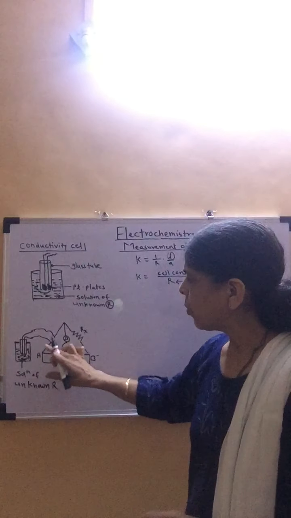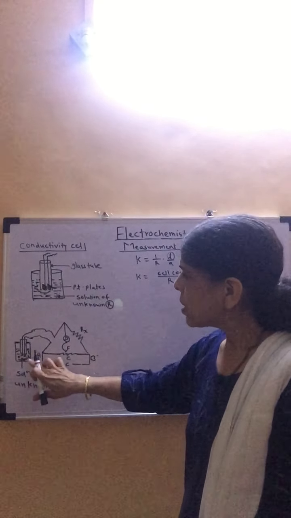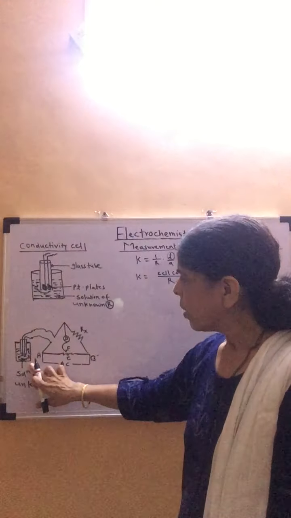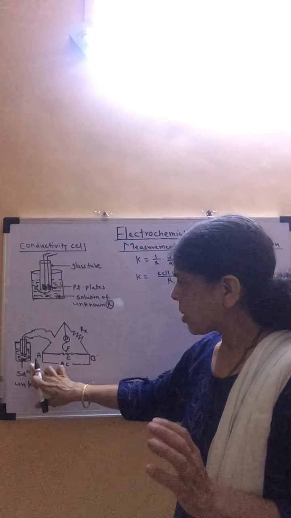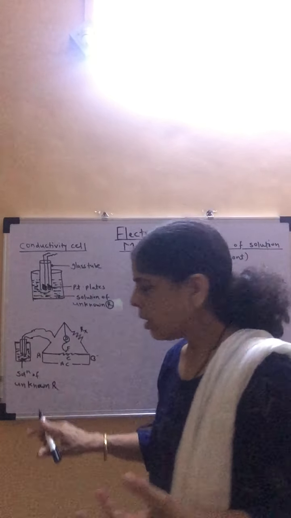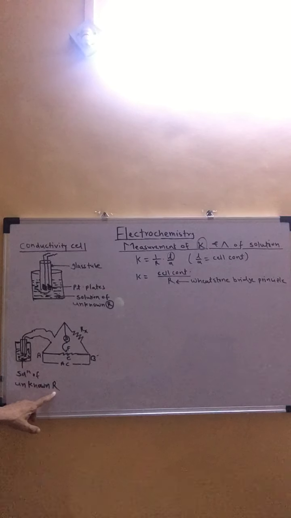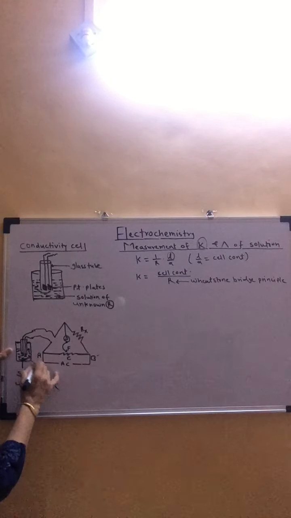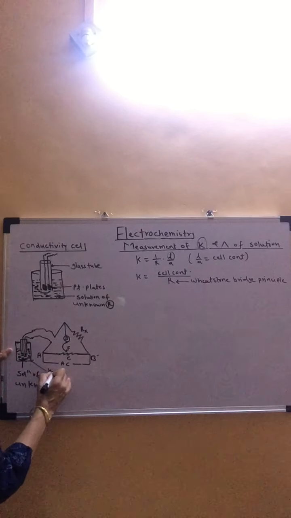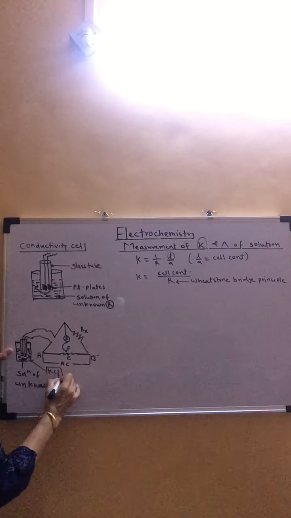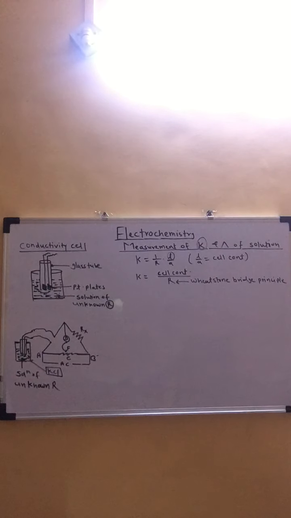In another arm, our conductivity cell is fixed, and in that cell the solution of unknown resistance is placed. In the beginning, that solution is KCl, potassium chloride. So we are going to find out first of all the resistance of the potassium chloride solution taken in the conductivity cell.